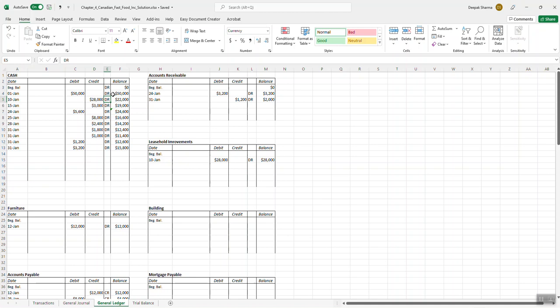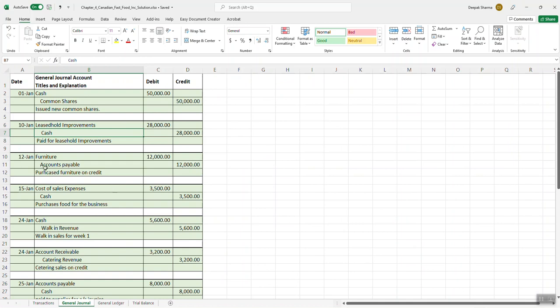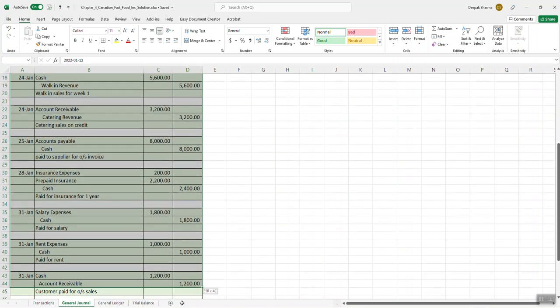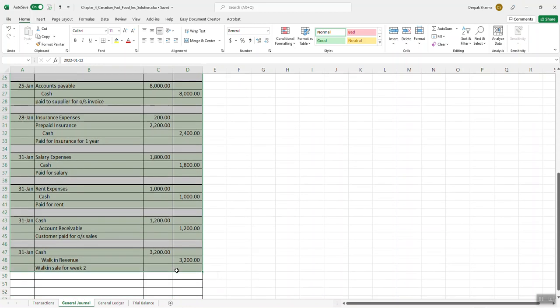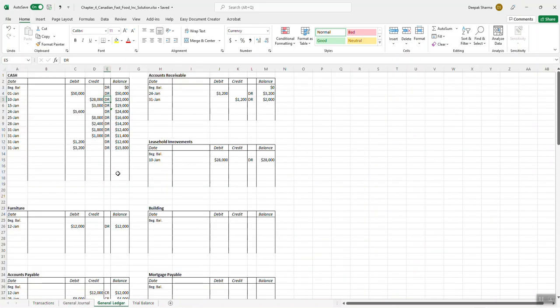Okay, so that's how you will keep calculating the balances. That's how you will record these transactions, and you will use the same process to record all the transactions up until January 31st. And you keep adding or subtracting depending on where the balance is.